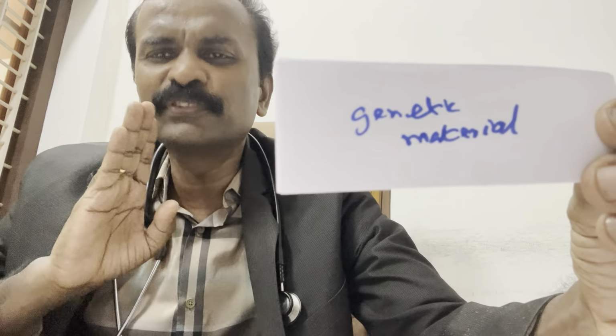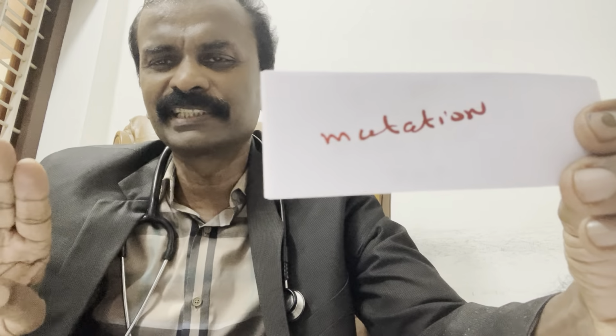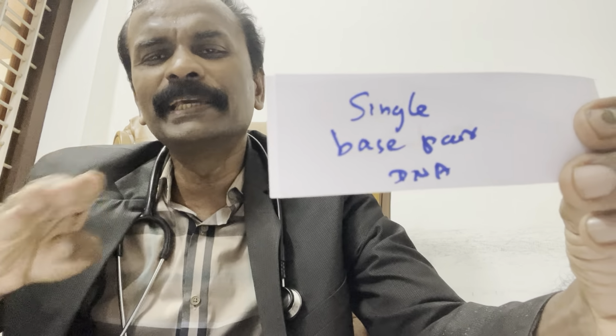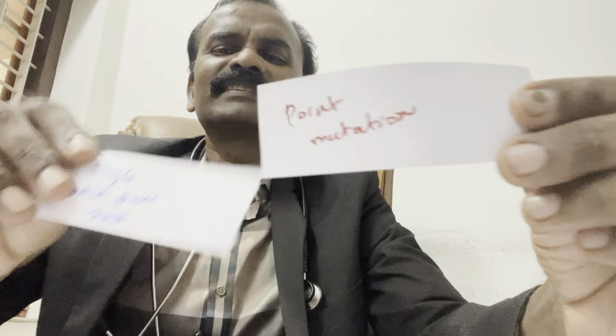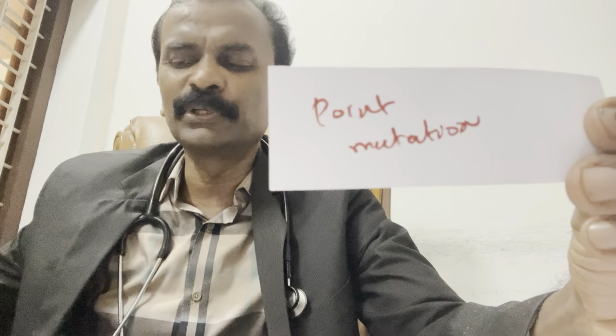Even if you read the textbook 100 times, you cannot get such points. Catch our points, carry home message. If you see the word change in genetic material, just answer mutation. If you see change in single base pair of DNA, not RNA, always click point mutation. Okay.